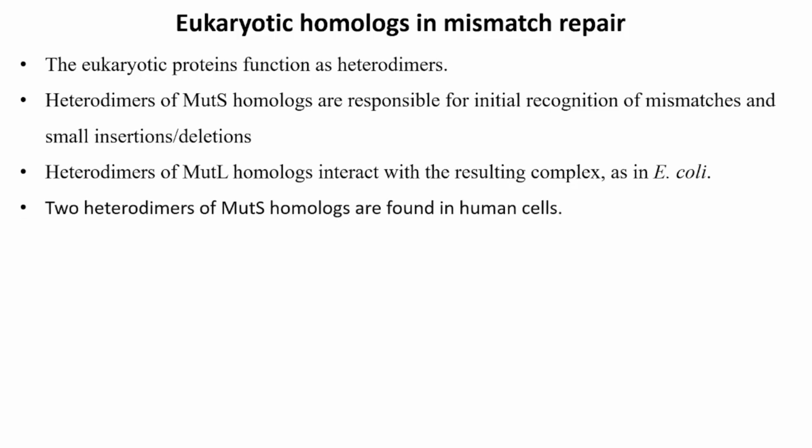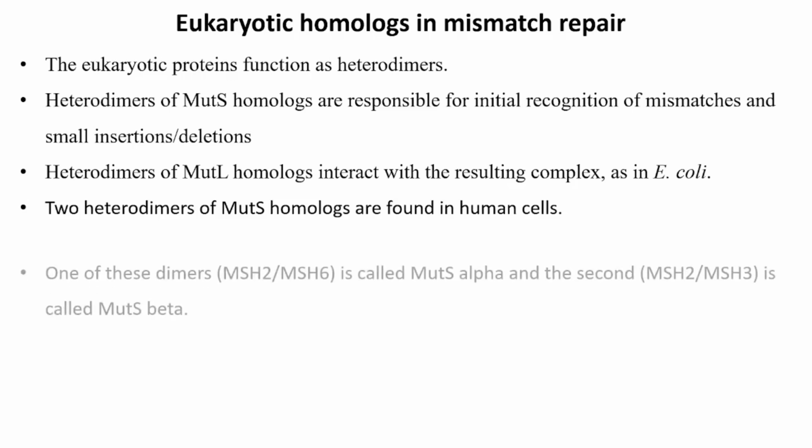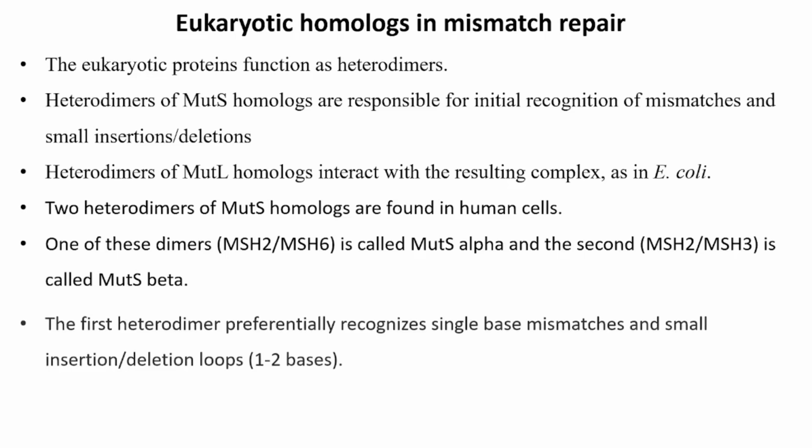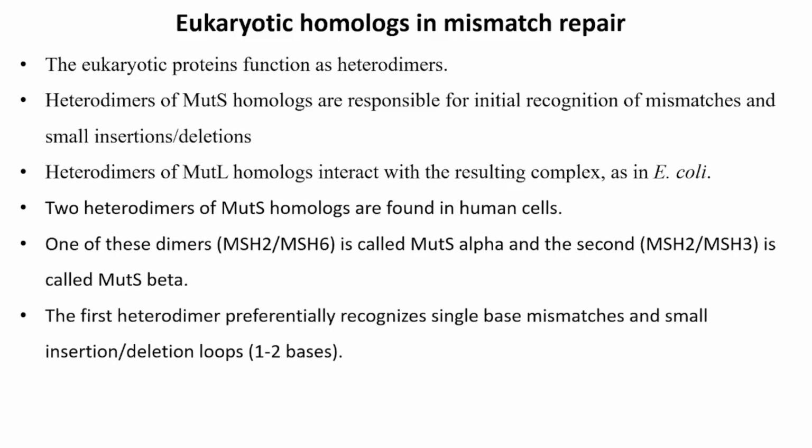Two heterodimers of MutS homologues are found in human cells. One of these dimers is called MutS alpha and the second is called MutS beta. The first heterodimer preferentially recognizes single base mismatches and small insertion-deletion loops of up to 1 to 2 bases.